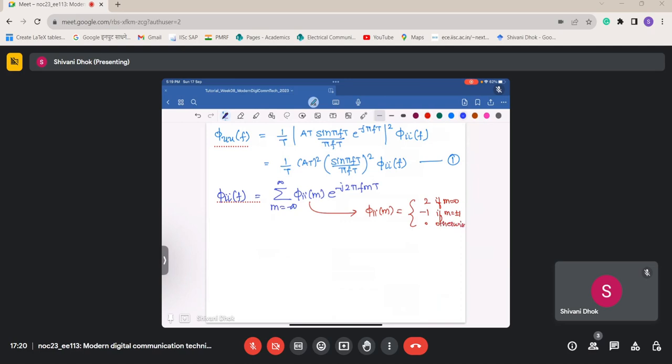If we have this situation, then I can write this as phi_I(0) times e^(-j2πf·0·T), which is 1, plus phi_I(1), which is simply minus 1, so this is minus e^(-j2πfT), minus 1 times e^(j2πfT).